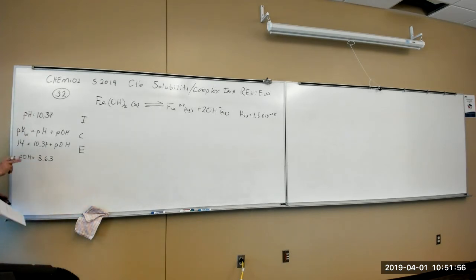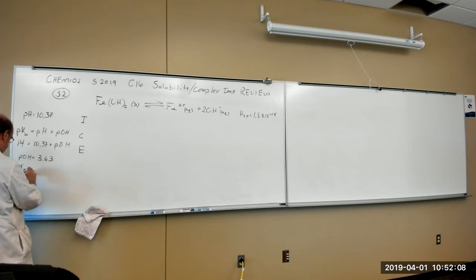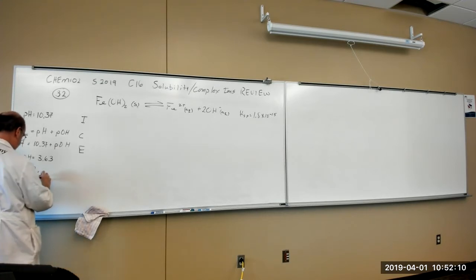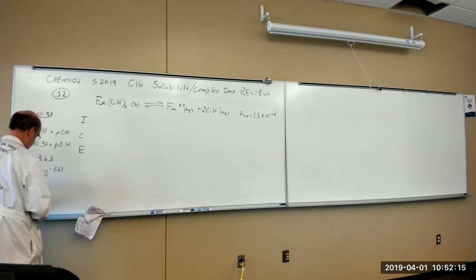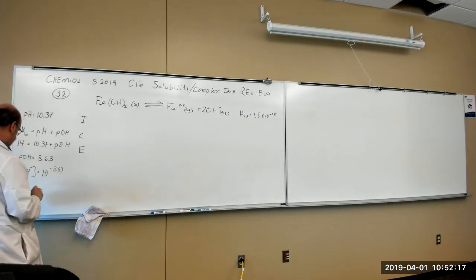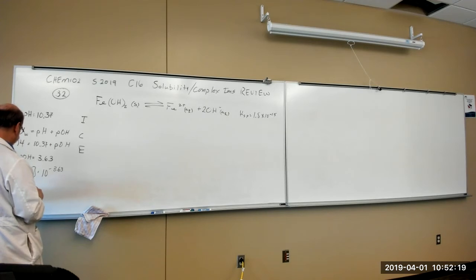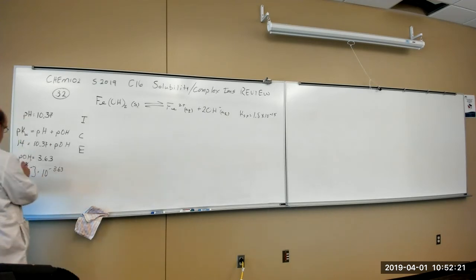Right, now we need the hydroxyl concentration. So we've got to convert this, using the anti-log. The pOH equals the negative log of the hydroxyl concentration, right?